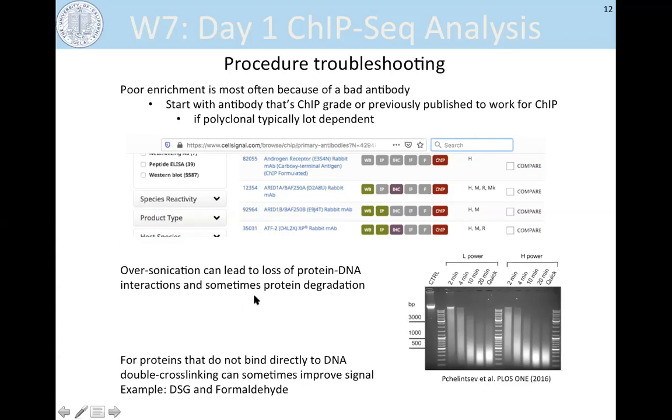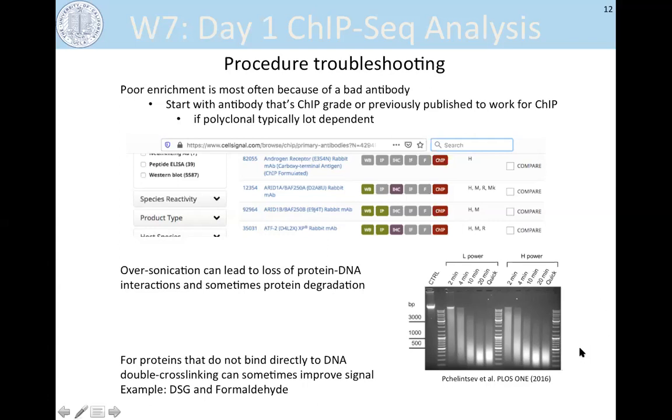Some proteins are also sensitive to protein degradation from the sonication process, such as RNA polymerase, which is a common ChIPed factor. That protein can start to be degraded from sonication, especially in the presence of SDS.